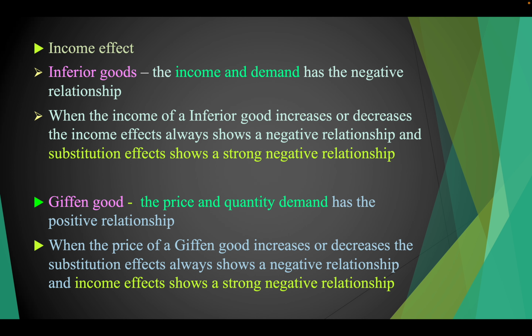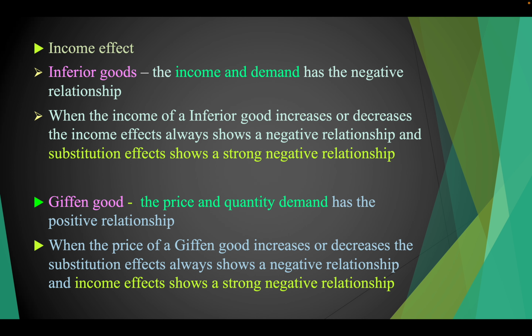Children, an inferior good means you consider it relative to other goods. You purchase less of this good when income is high, because when you compare it with the other goods, you think this good is inferior to you. So you are concerned about the substitute good.